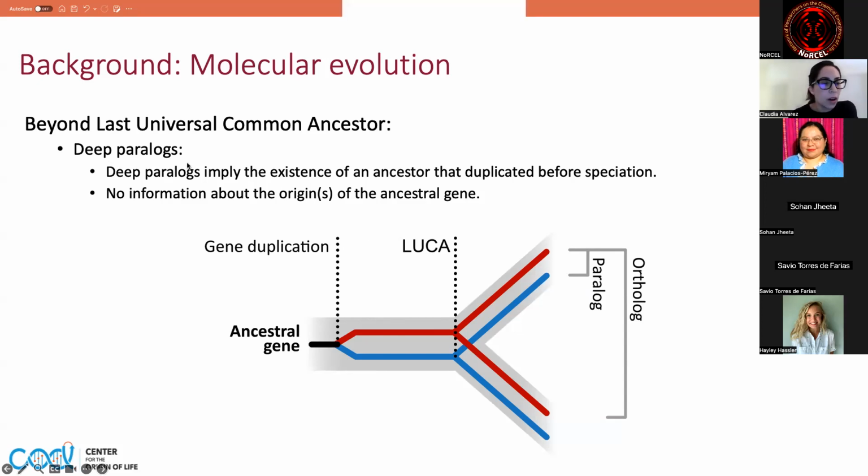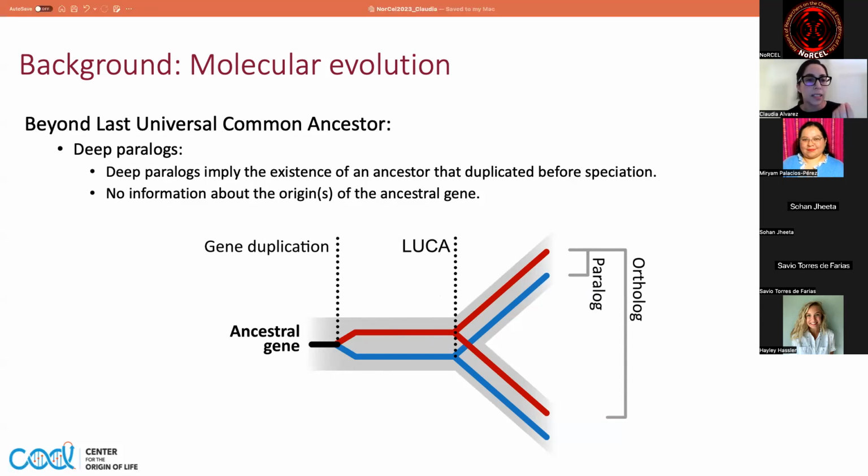Deep paralogs are duplication events that tell us about things that occurred before the duplication.